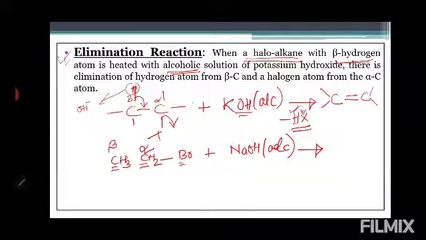Every time remember that hydrogen is removed from beta and halogen from alpha. So minus HBr: one hydrogen is removed, a double bond forms, Br leaves, and you will get ethene.